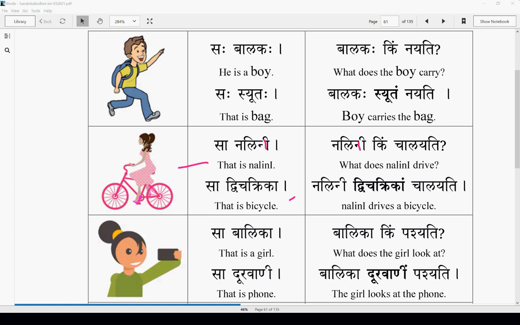So what is the question here? Sa Nalini, Dvichakrika. The question here is Kasyaha Dvichakrika. Whose bicycle is it? If that is the question, what will be the answer? If you want to say Nalini's bicycle, or bicycle of Nalini, how do we say that?